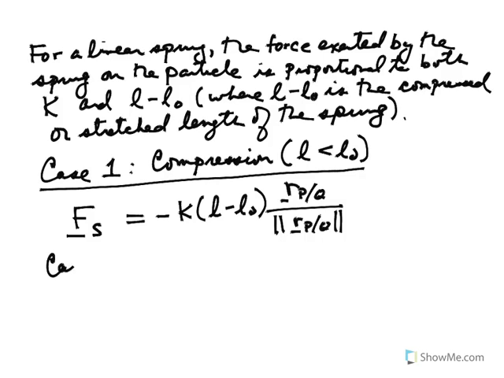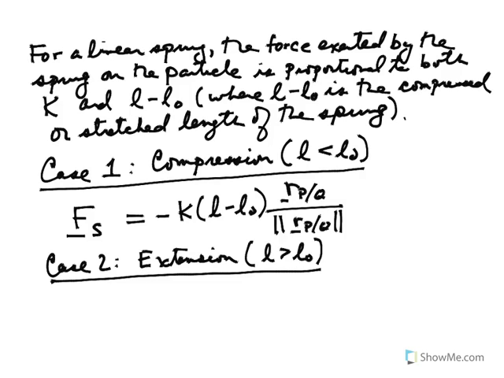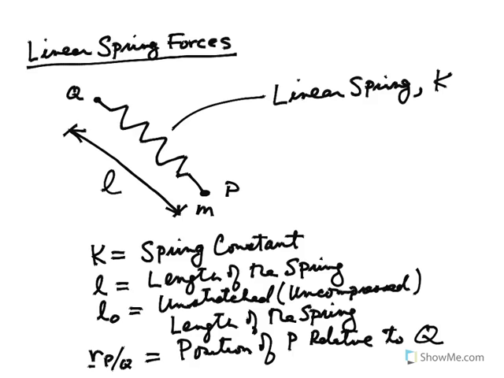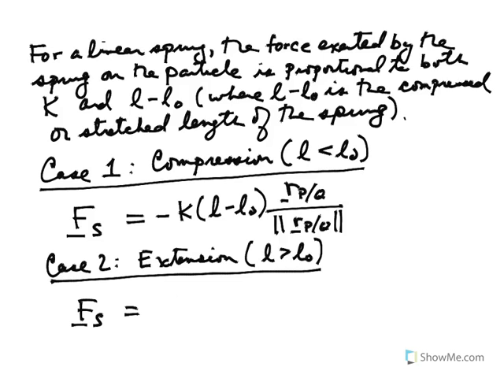Case 2 is what's called extension, and this is when L is greater than L naught. Let's go through this again and look back at the picture. In the case of extension, if I extend the spring beyond its unstretched length, then the force has to be along the direction from P to Q. Again, the force is proportional to K and L minus L naught.